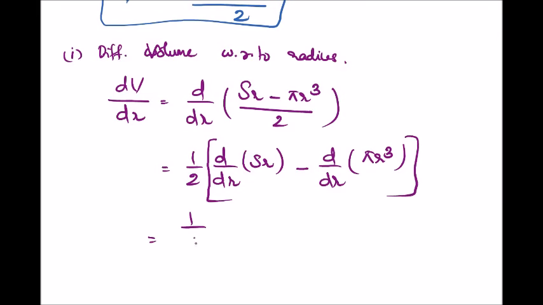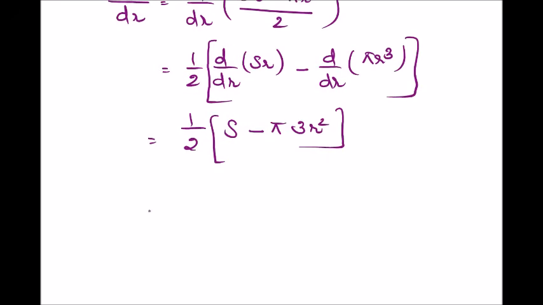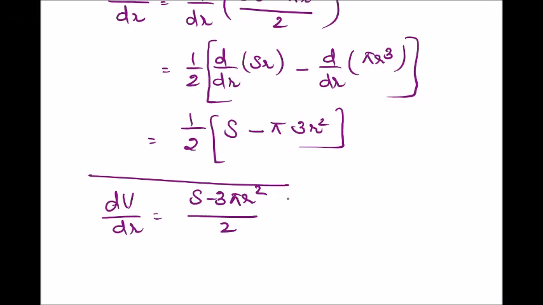So we differentiate: 1 by 2 into S is a constant and differentiation of r is 1, minus pi is a constant and 3 r square. Hence the answer is dV by dr is equal to S minus 3 pi r square divided by 2. This is the answer of the first question.